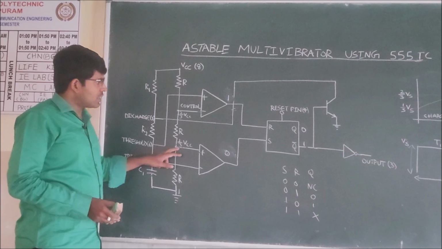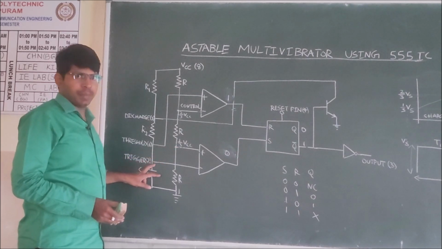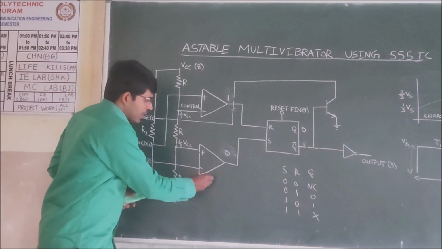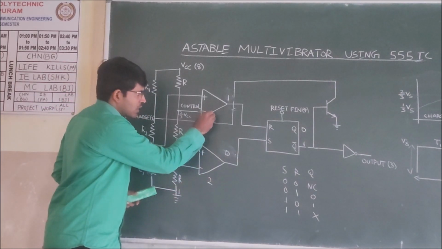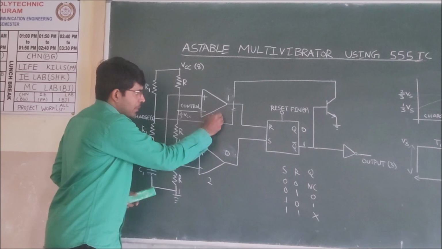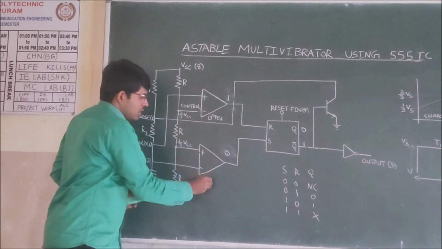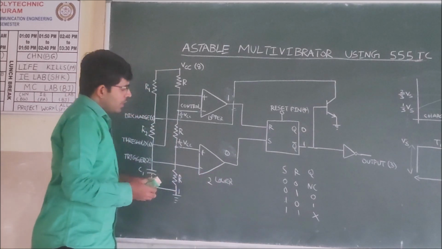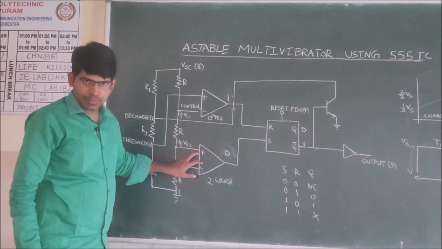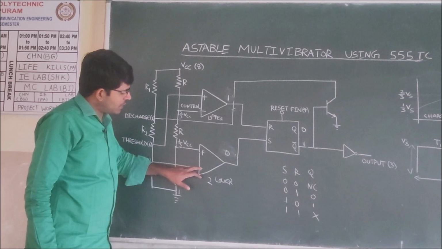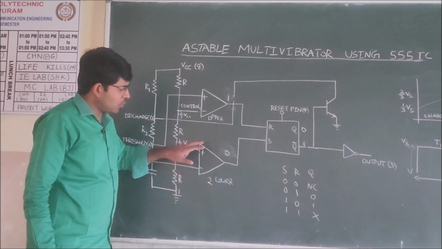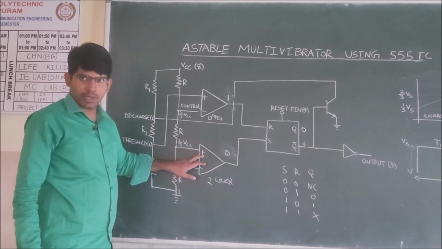Because the voltage is less than VCC by 3, this is the second comparator, this is the first comparator, or this is the upper comparator, this is the lower comparator. In the lower comparator, the voltage at the inverting terminal is less than the voltage at the non-inverting terminal.